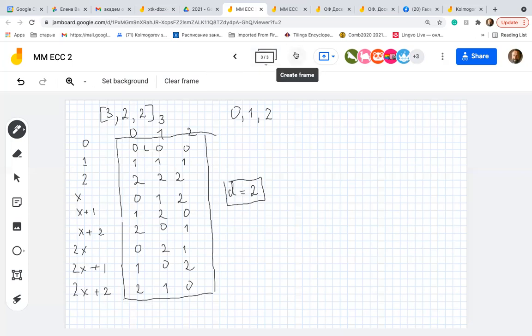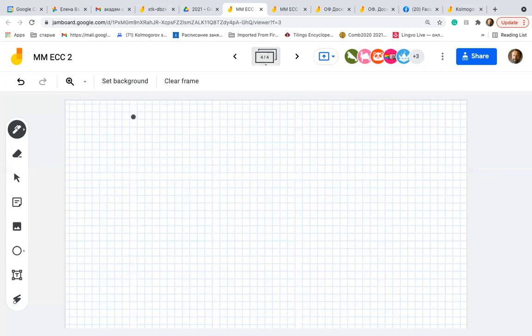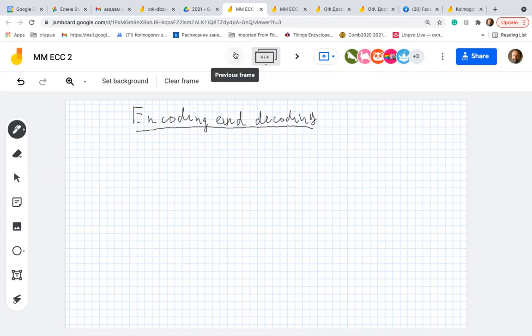Now we will discuss how to encode and decode Reed-Solomon codes. For encoding, we just need to understand how to add and multiply elements in the field F_Q.